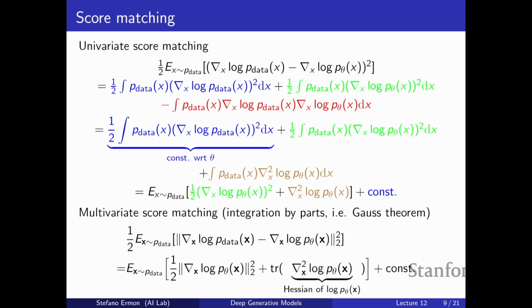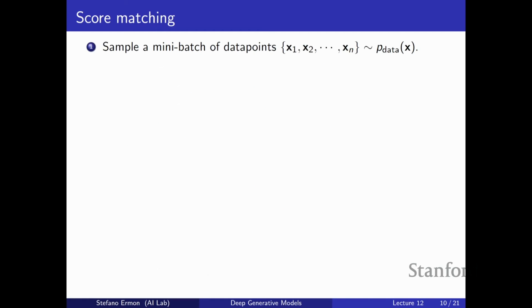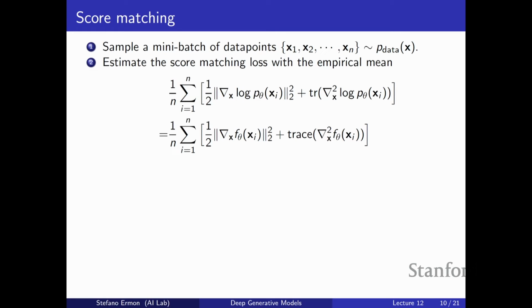If you're willing to approximate this expectation with a sample average, we always have access to samples from p data, so we can approximate that expectation using samples. Then you get an algorithm or a loss that looks like this. You have samples of data points that you sample from p data, training data.